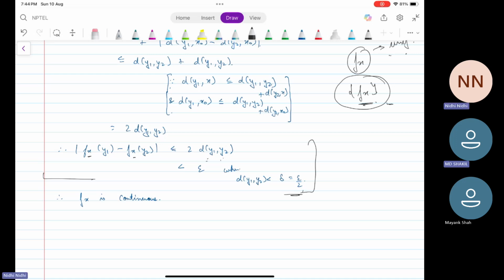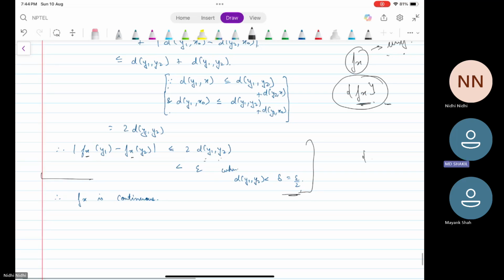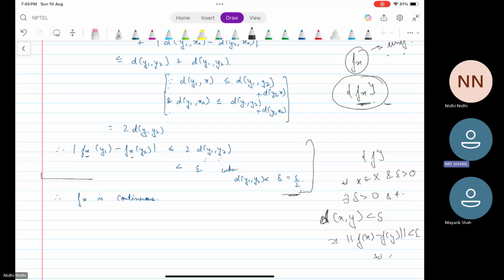Sir has defined that if X is a metric space and Y is a Banach space and F is a family of continuous bounded functions from X to Y, then that family is pointwise equicontinuous if for each x belonging to X and epsilon greater than 0, we can find delta greater than 0 such that d(x,y) less than delta implies the norm of f(x) minus f(y) is less than epsilon for every f belonging to F. That is the family.